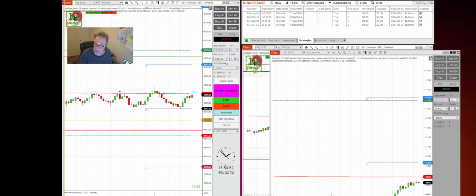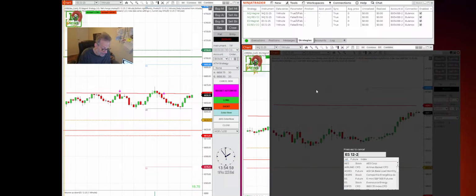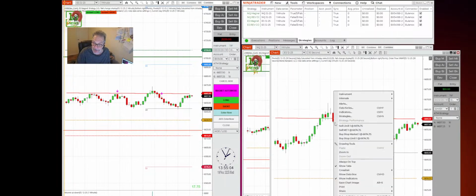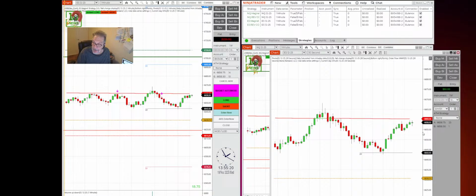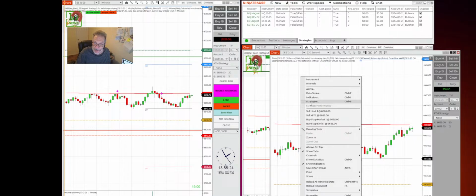This is more normal. Okay, let's put the ES on this chart. ES 1225. And we have a trap trade. All right, so we've got a trap trade here.